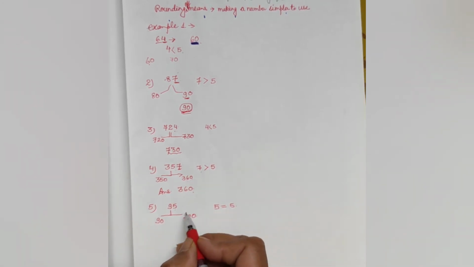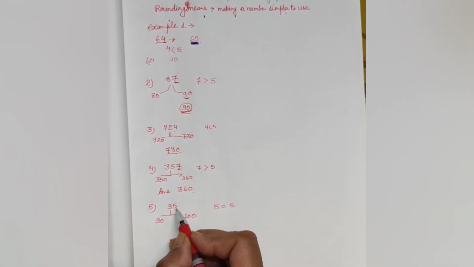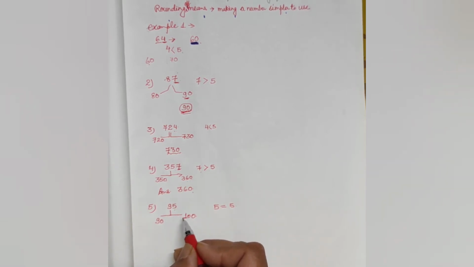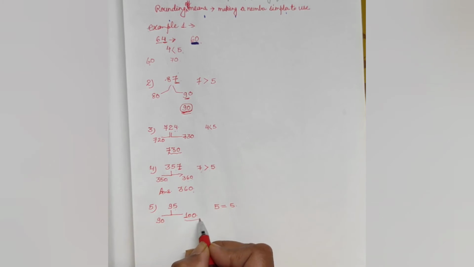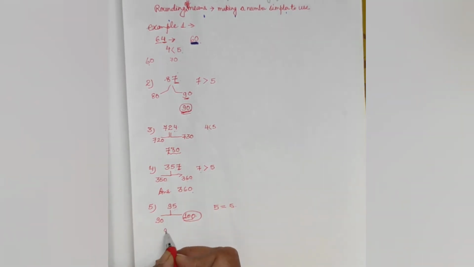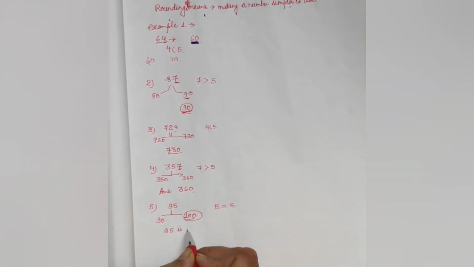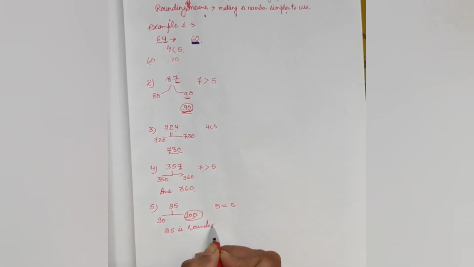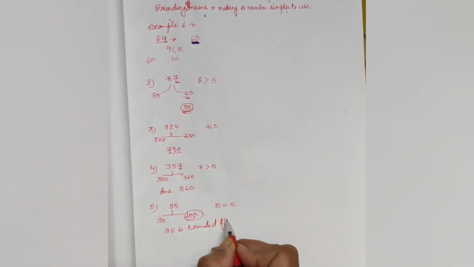If the digit at the ones place is 5 or more, we round off to the upper number, and here the upper number is 100. So 95 is rounded off to 100.